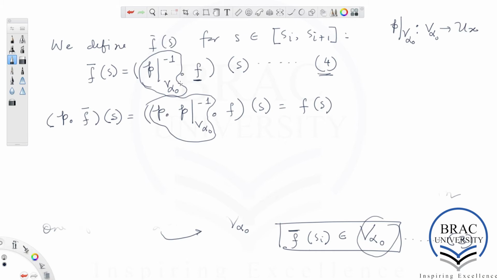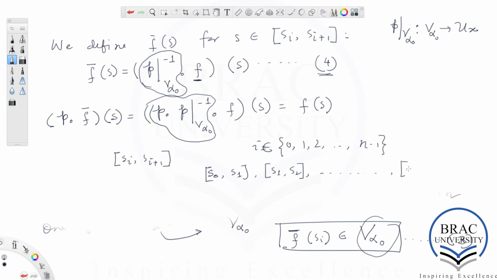Okay, and so we have thus constructed a continuous map on each of these subintervals, for I belonging to this finite set 0 all the way up to n minus 1. So we have this F bar defined on S0 to S1, then we define it on S1 to S2, and then all the way up to Sn minus 1 to Sn.